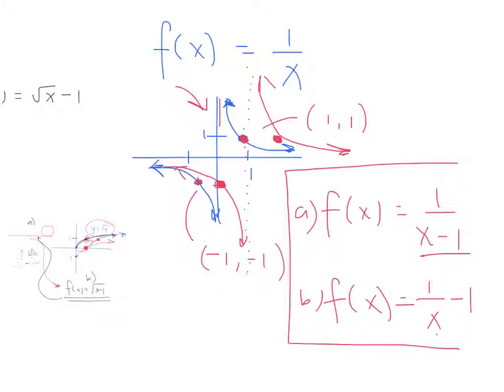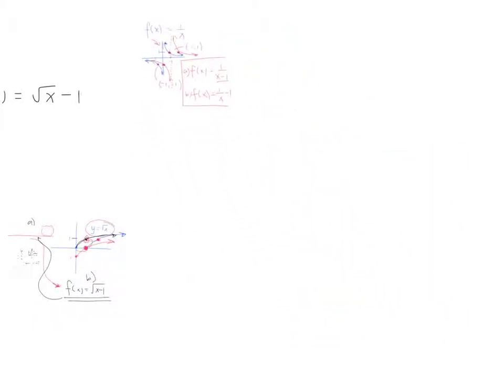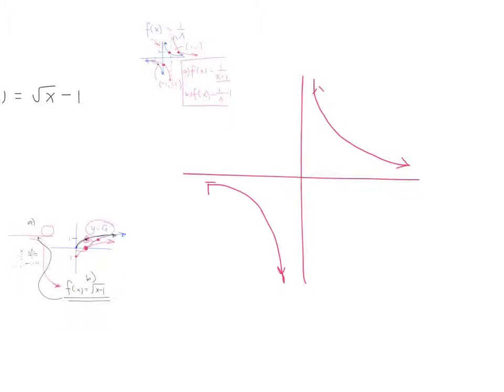Now, for the other function, 1 over x minus 1, it will go down by 1 unit. So if we have the original graph like this, say this is the point, this is the point, 1 over x and then minus 1, this point goes down by 1, this point goes down by 1.